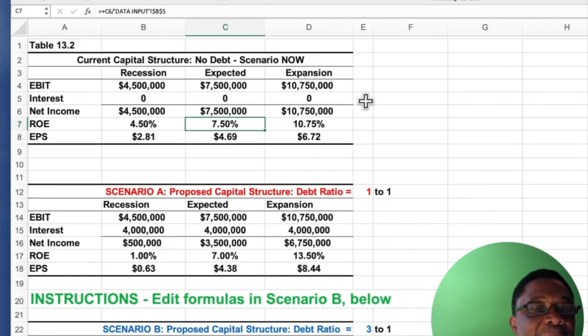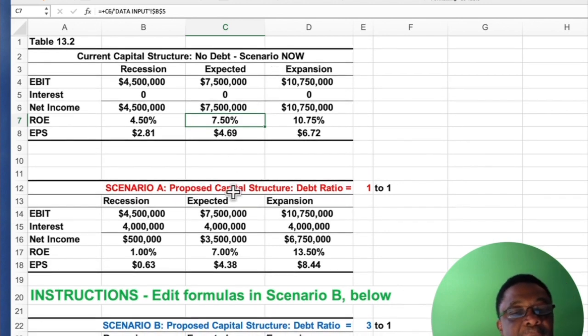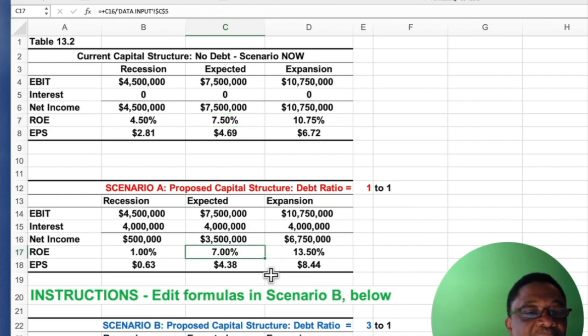If we compare the no debt scenario to the debt to equity ratio scenario of 1-to-1, we see that the firm is better off if you have an EBIT of $7.5 million with no debt, because you have return on equity of 7.5% in the no debt scenario versus you have a return on equity of 7% in the scenario where you have a debt ratio of 1-to-1.